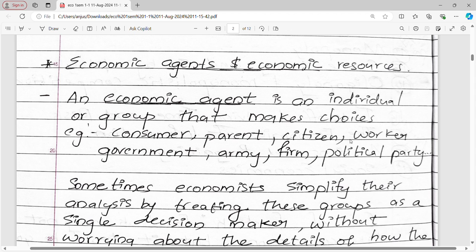Speaking of groups: a government decides what policy to implement for the welfare of its citizens; an army decides how to deal with issues at the border; a firm, a university, a political party, a labor union, a sports team, or a street gang all make different kinds of decisions. So they are economic agents. An economic agent is an individual or group that makes choices.